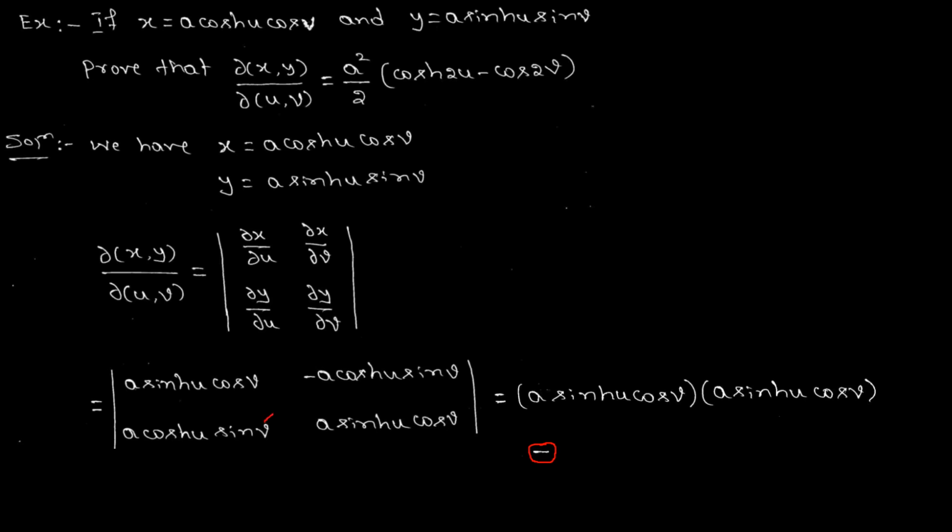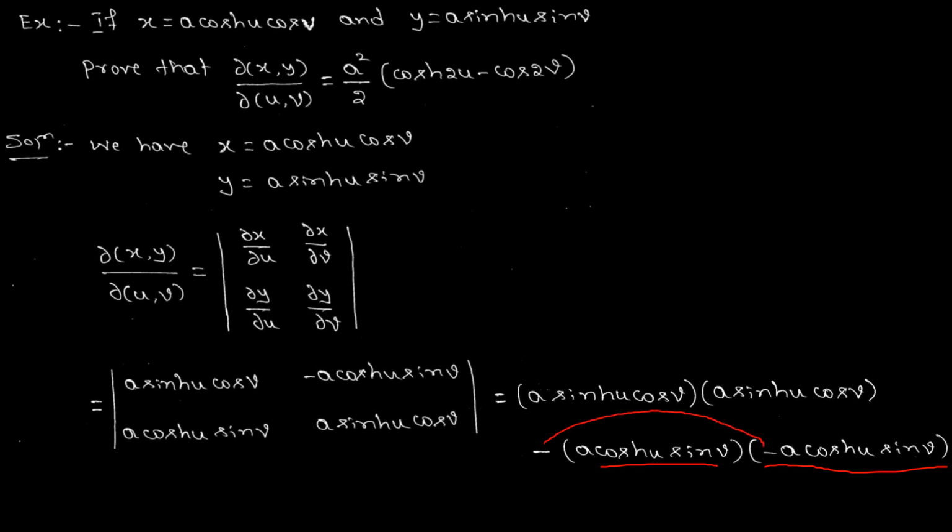Now we multiply in this way and we write here inside the bracket because of one more minus sign here. Yes, we have written here and here we have taken the product. In the next step, this minus and this minus gets to plus and we multiply these two terms and these two terms.